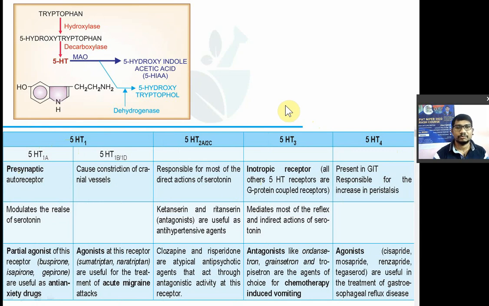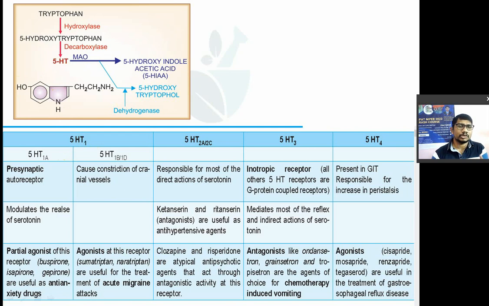There are 8 receptors which have been identified, recognized, characterized for the serotonin, but these 4 are mostly dominant. So out of that 5-HT1, all these 5-HT receptors are receptors belonging to G protein coupled receptors.